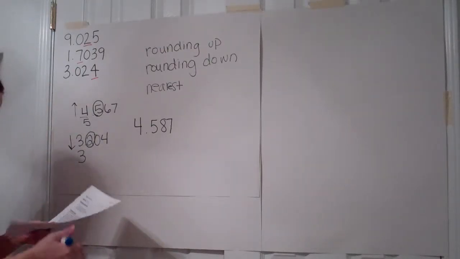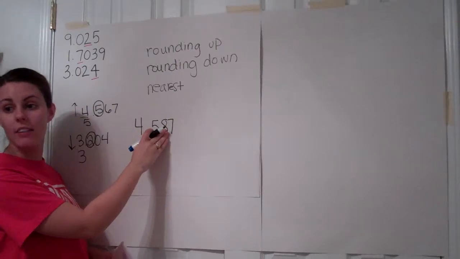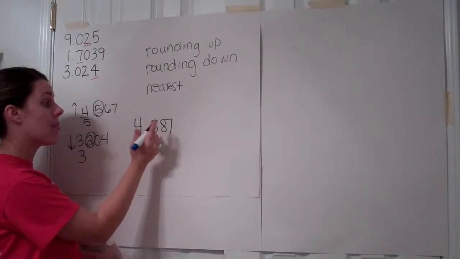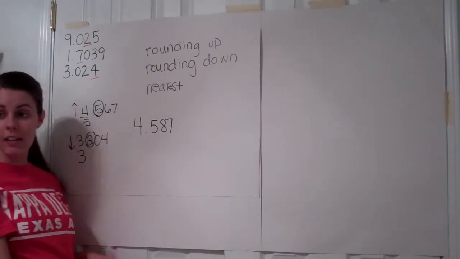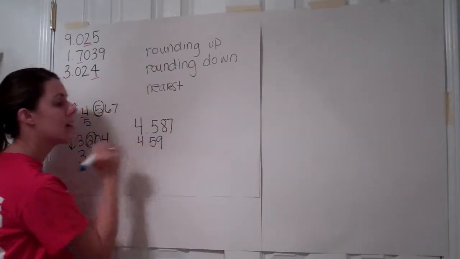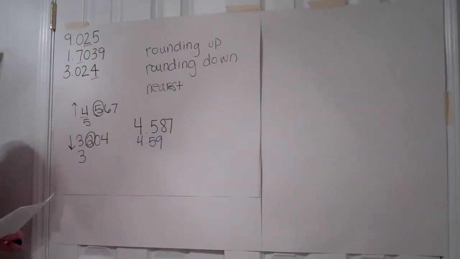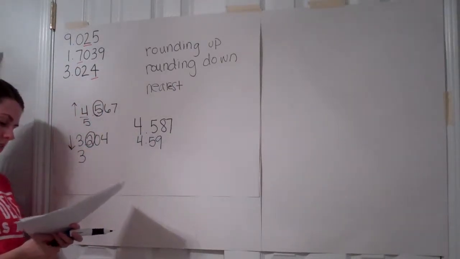Good, I have an 8. So, what number comes after 8? 9. Good, so my next hundredth, if I'm rounding up, is going to be 9. So we're going to make this number 4.59.